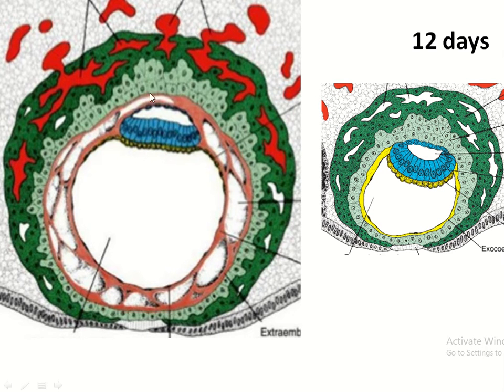You see there is an elevation of cytotrophoblast. This is known as the chorionic villi, and externally it is covered by the syncytiotrophoblast. You see this chorionic villi is well developed in this portion and less developed in this portion. So this is the location of the future placenta.